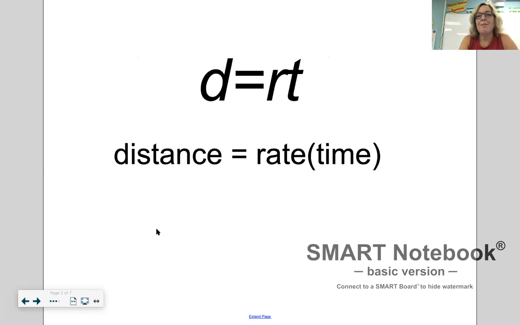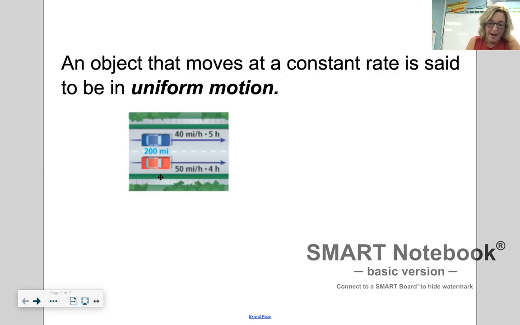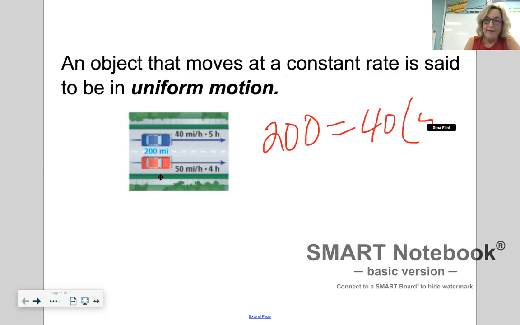That relationship is that distance, which is how far you go, is equal to the rate, and rate in this case is speed, so miles per hour generally is what we think about, times the time. If you go back to that little image, you could see that 200 miles is the distance, the rate is 40, and the time is 5.